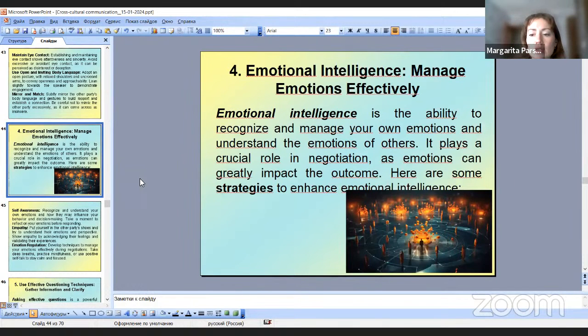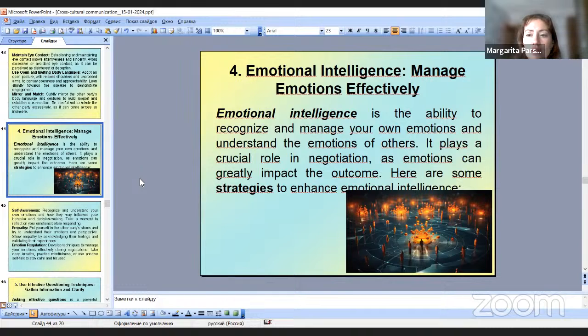Emotional intelligence, to manage emotions effectively. Under this term, we understand the ability to recognize and manage your own emotions and understand the emotions of others. You can see that we are speaking about many points, but from different aspects or in different words.